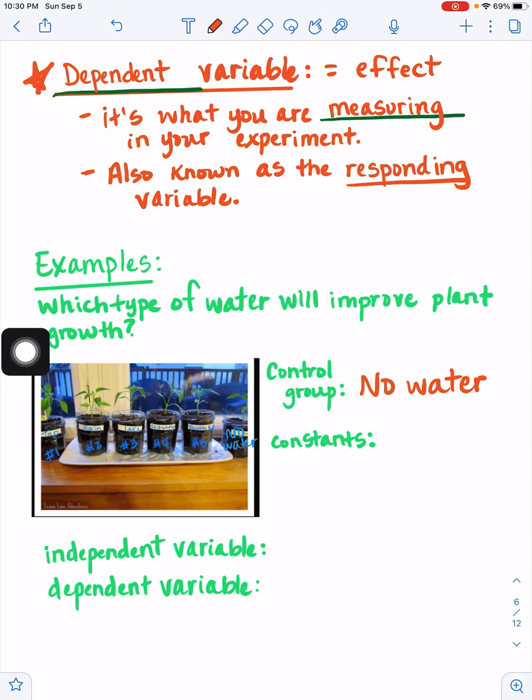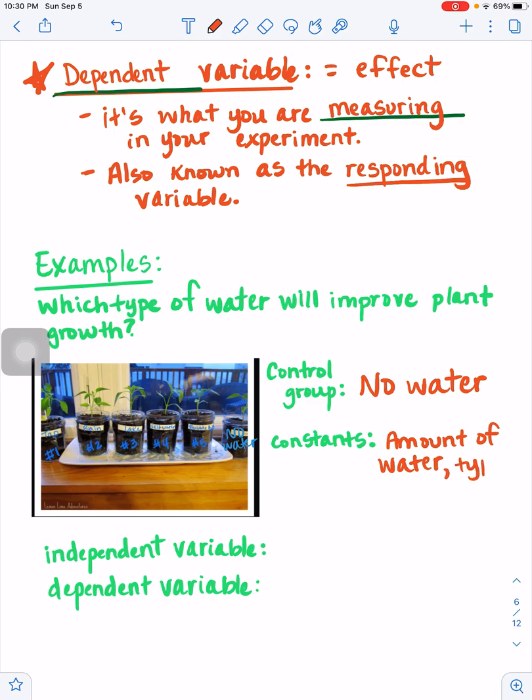What are you going to keep constant? What are you not going to change? Because you're not testing these things, but you need to keep them the same for all of them so you can get reliable data. We'd want to keep the amount of water the same in all of them. Write that down. Amount of water.